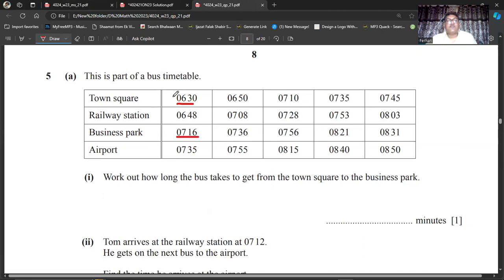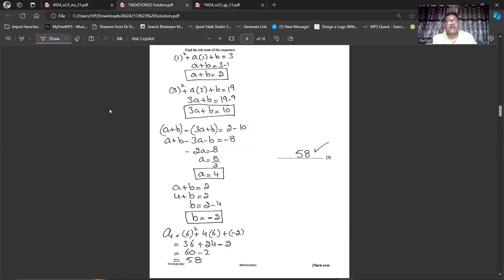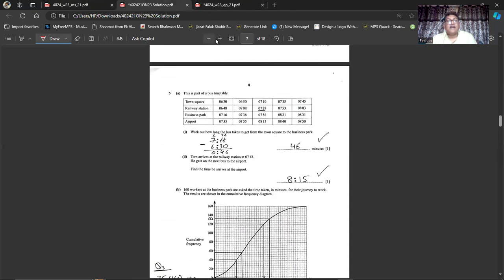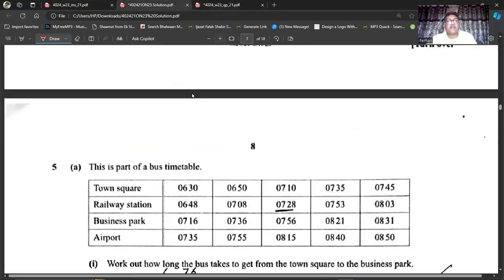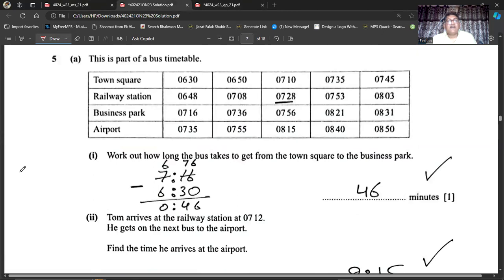So from this time, subtract this time, you will get how much time it has taken. It's a simple question, and I hope you have learned this. From 7:16, subtract 6:30. You can see from 16, the 30 cannot be subtracted. So I will borrow 1 hour. When 1 hour is borrowed, the 60 minutes will be added to the minutes.